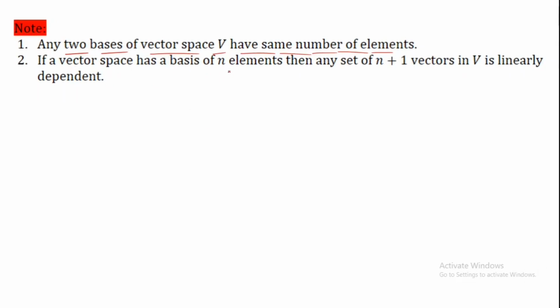Now focus on the second note, which is important. If a vector space has a basis of n elements, then any set of n plus 1 vectors in V is linearly dependent.